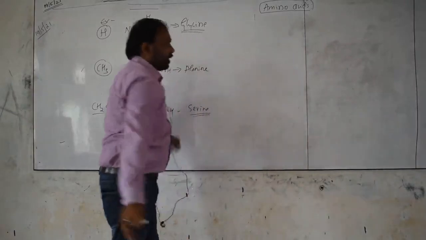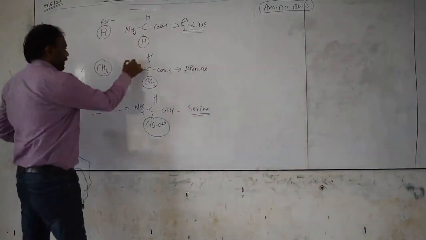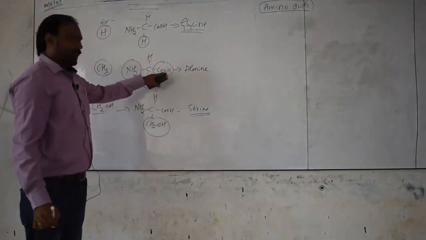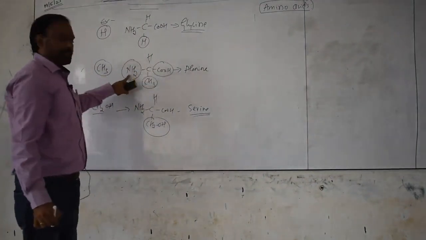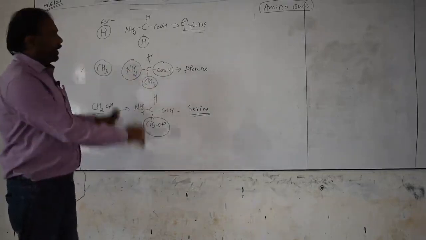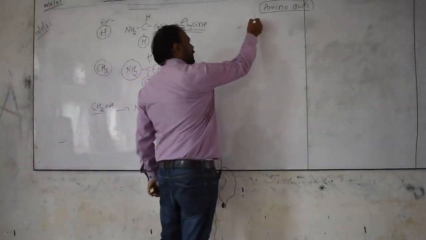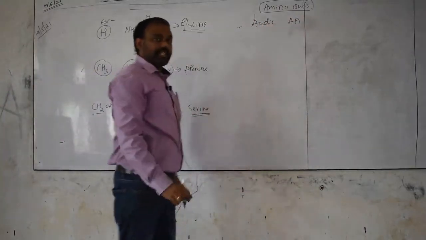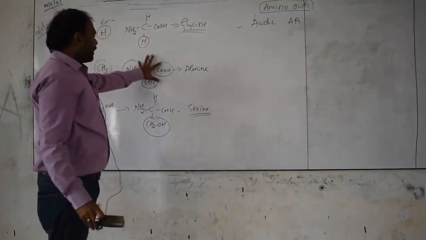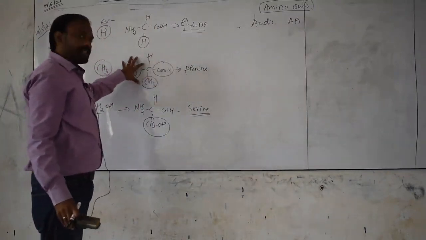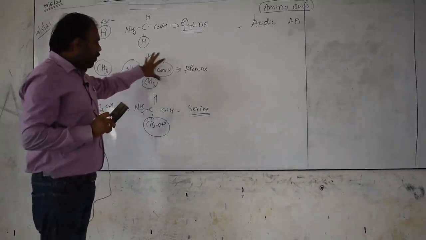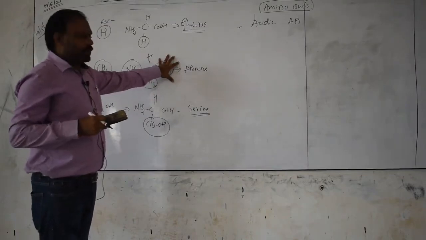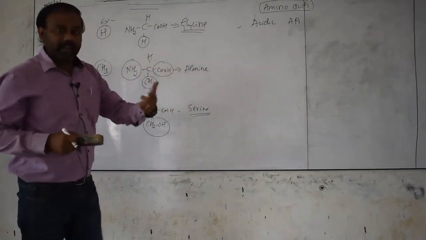Next, based on the basic group and acidic group, I told you many times, so based on the number of carboxyl groups and basic groups, that is amino groups, we are going to write some different amino acids, that is acidic amino acids. Acidic amino acids contain both acidic group as well as basic group, but with a higher number of acidic, carboxyl groups, so we call it an acidic amino acid.